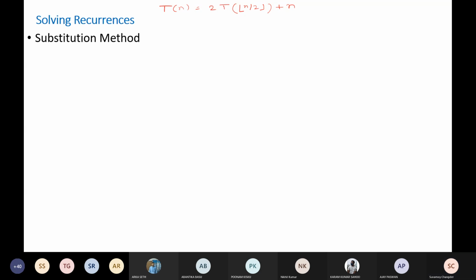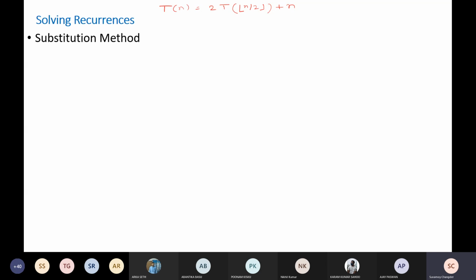So since I am teaching for the last 20 years, I have a lot of experience, therefore I can assume a good solution. Later I will say how to calculate or find the good solution. The one thing is that I have a lot of experience solving recurrences, therefore I can guess a very close solution.